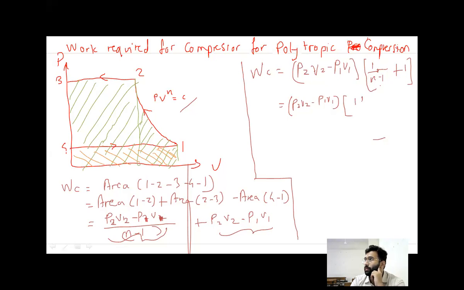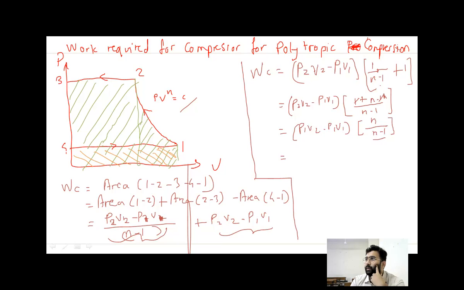So this will be 1 plus n minus 1 divided by n minus 1. In this case, 1 and this minus 1 will cancel. So this will become P2 V2 minus P1 V1 into bracket n upon n minus 1. Sorry, yes, n upon n minus 1. Correct?